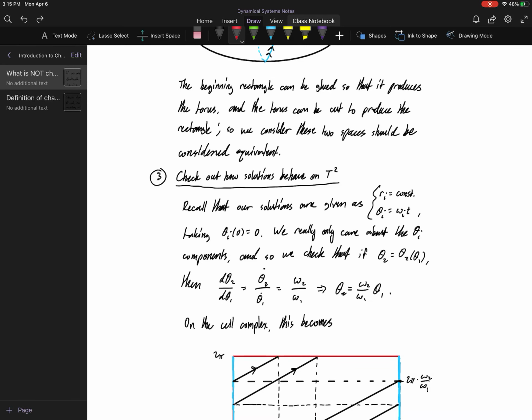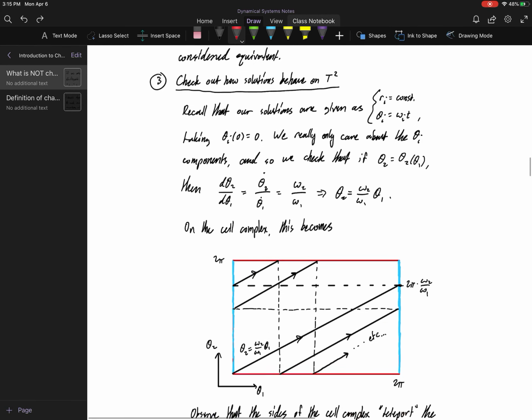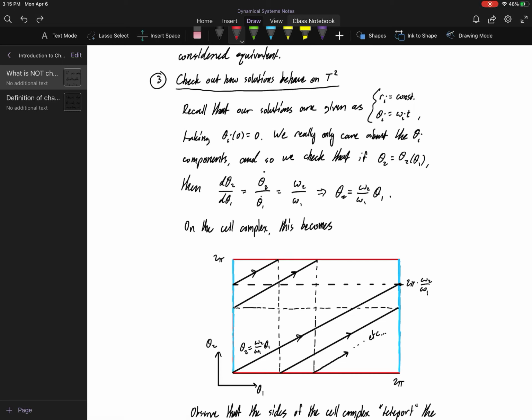And now what we would like to do is see how solutions behave on this torus. We're going to go a little bit further, just a few more minutes here before we kill the video and go into part 2. We're going to see that the solutions are given as constant radius and linear angular velocity.